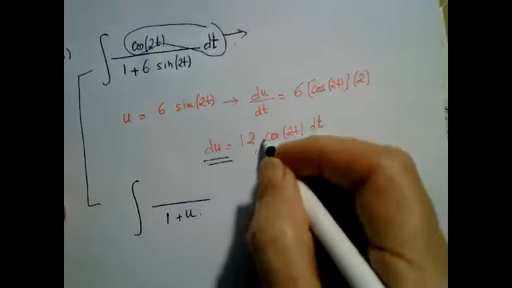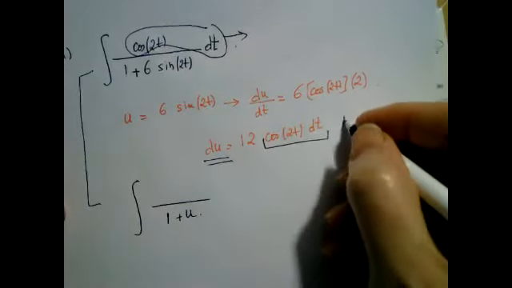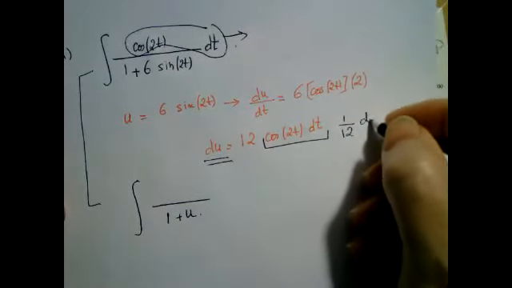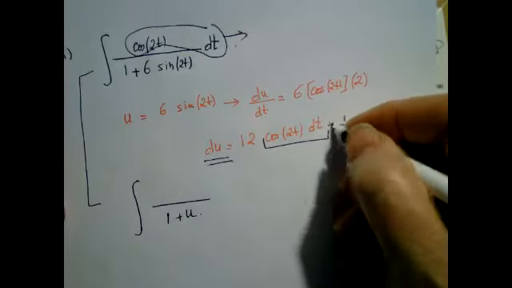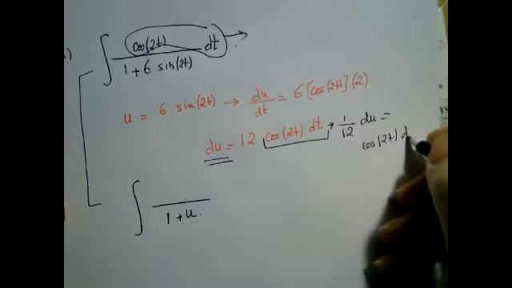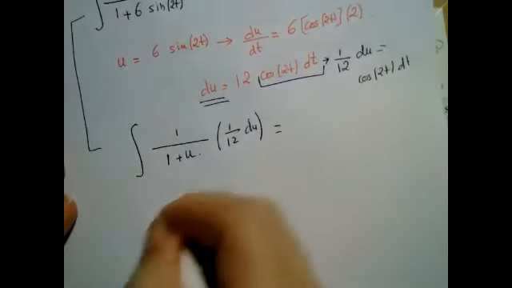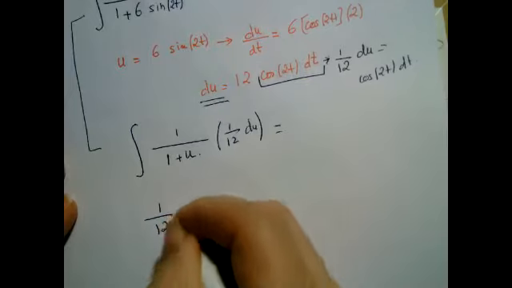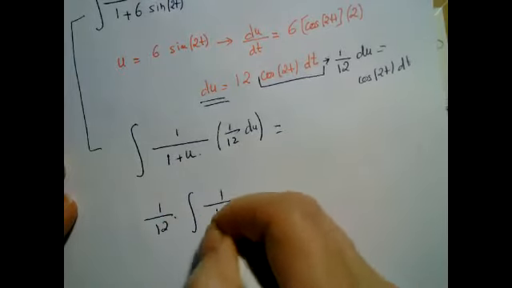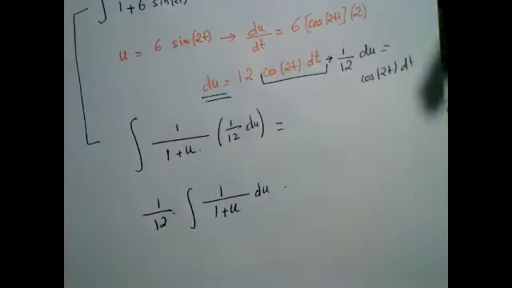I need to isolate this piece to get the numerator, so I had to divide by 12 here, and this would give me the cosine 2t dt. So this is going to be 1 times 1 over 12 du. Very good. Now the 1 over 12 can go outside the du.